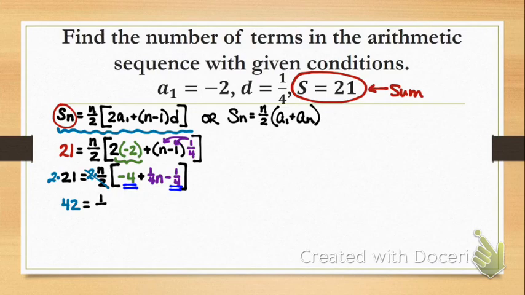So I would have 1/4 n minus 17 over 4. Because negative 4 is the same as negative 16 over 4, and I'm going to combine that with a negative 1/4.